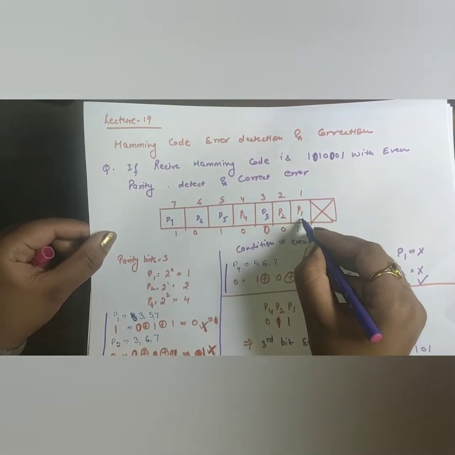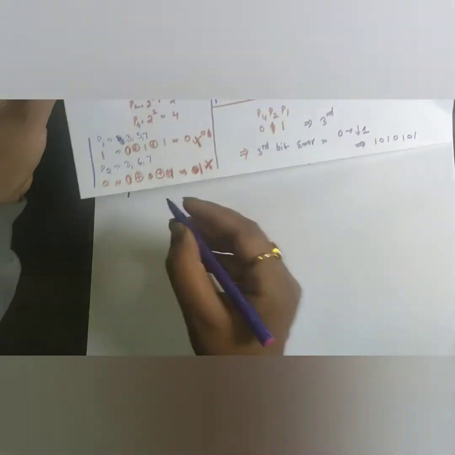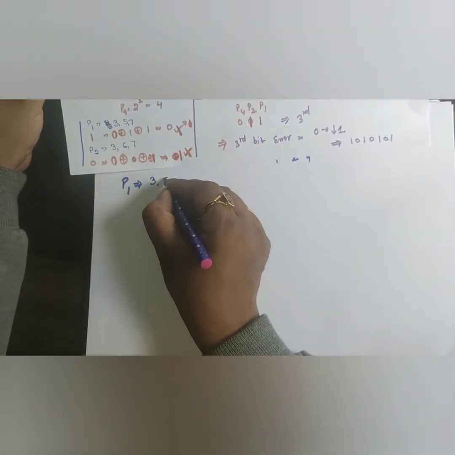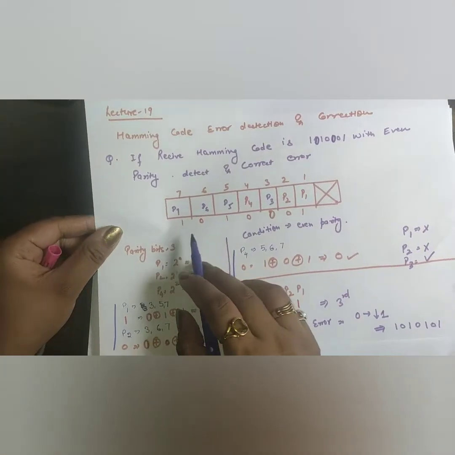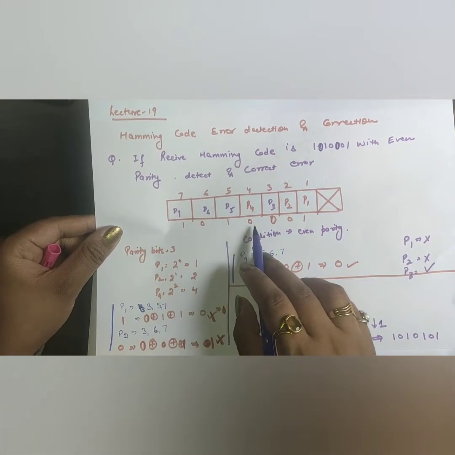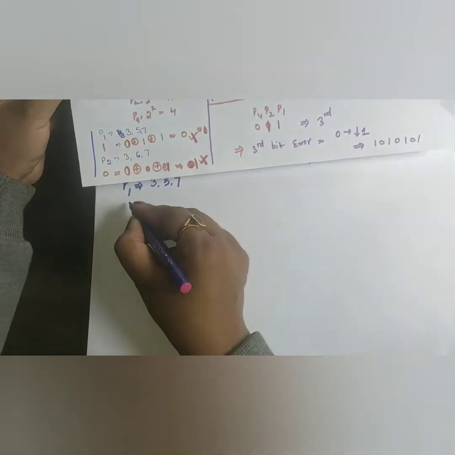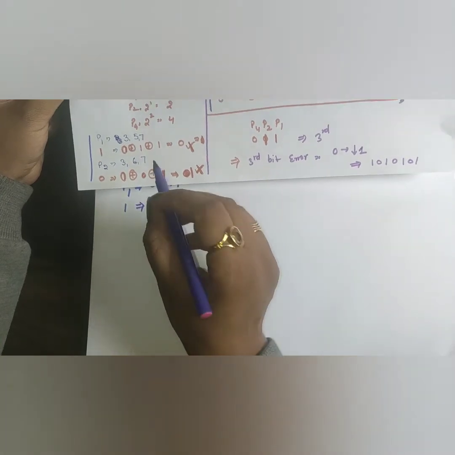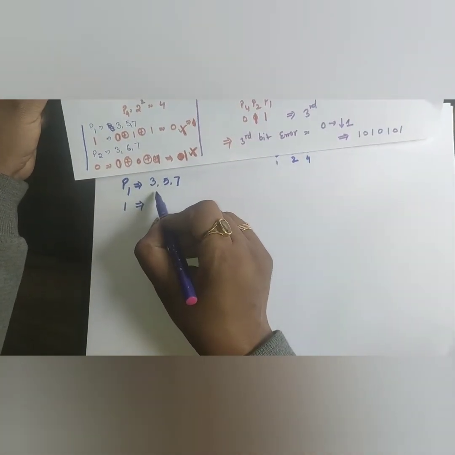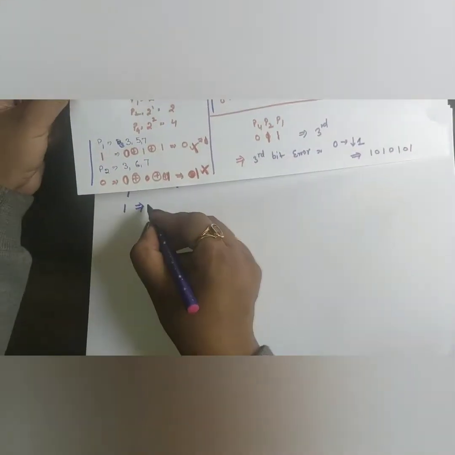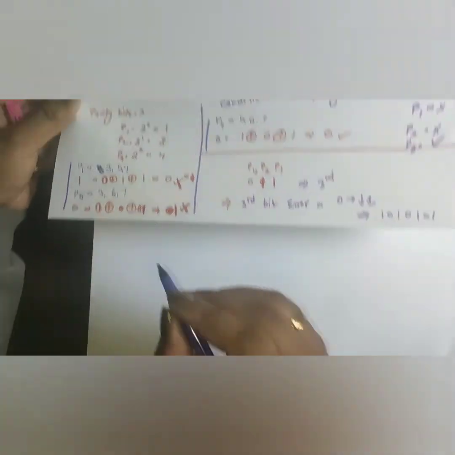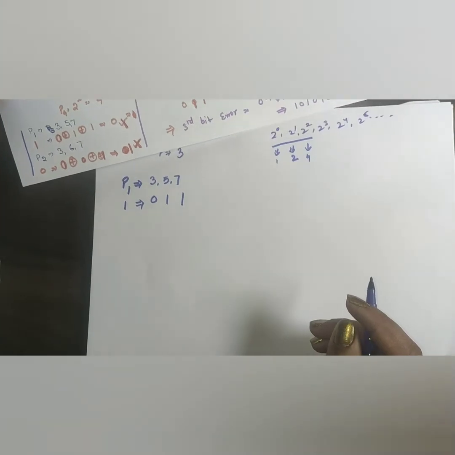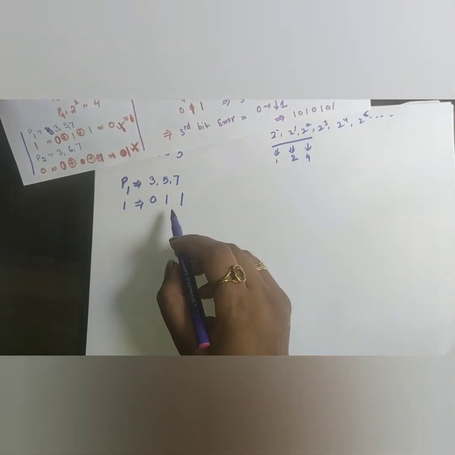So P1 covers positions 1 3 5 7, and since 1 is P1 itself, we check 3 5 7. In the message 1010001, P1 is 1, bit 3 is 0, bit 5 is 1 and bit 7 is 1. So you can check for even parity.